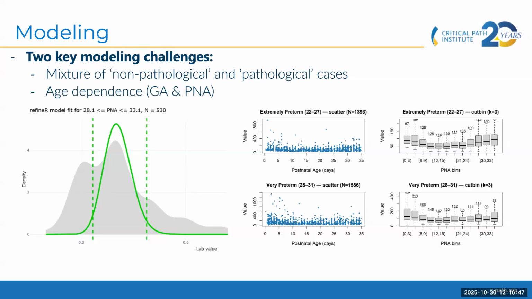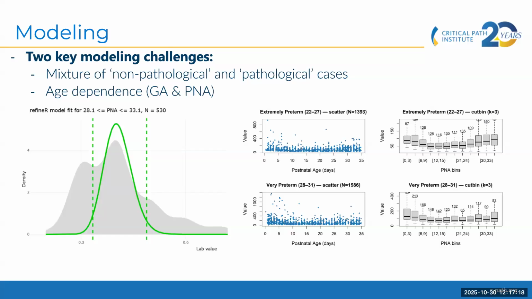And so the histogram plot and the distribution fit that you see, there's a very obvious central peak. And then there are basically two different dynamics that are happening. There is a low abnormal peak, and then there's like a heavy tail. So the group of subjects to the left of this central green peak are considered abnormal, statistically speaking, and then the heavy tail to the right is considered abnormal.